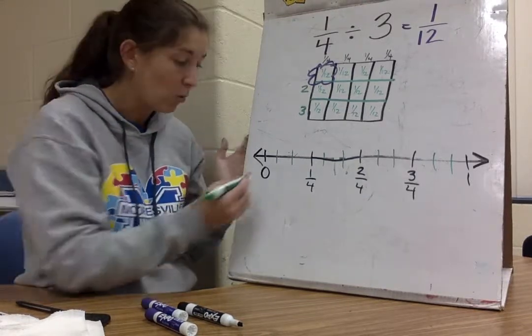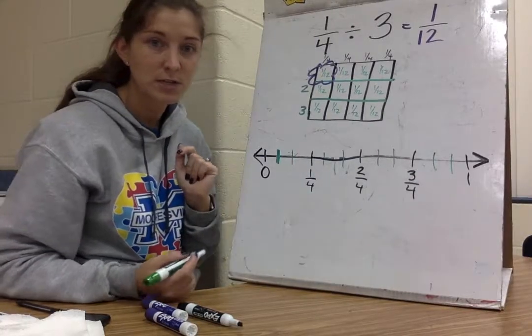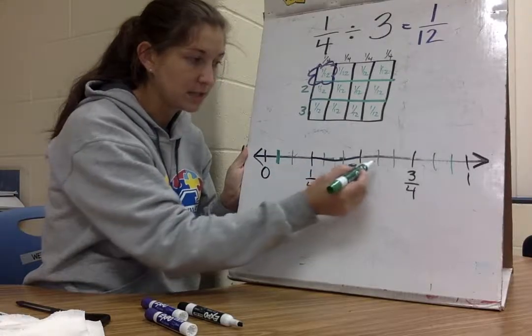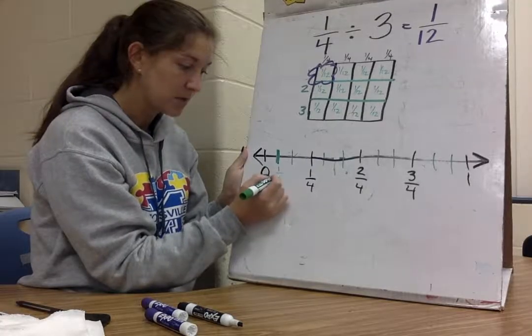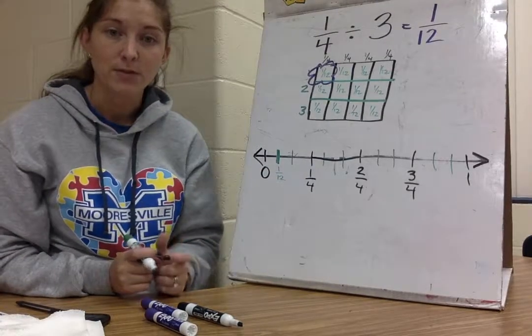In order to know what one of these fractional amounts represents, I've got to count the lines. 1, 2, 3, 4, 5, 6, 7, 8, 9, 10, 11, 12. So therefore this one piece right here would represent 1/12, and that would be my answer.